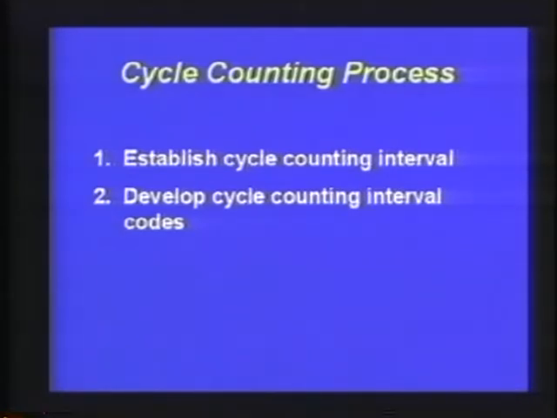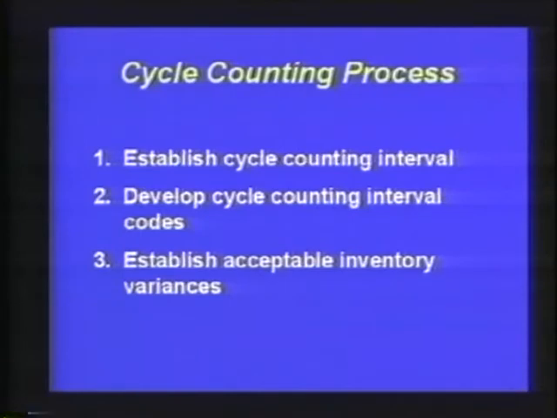We also have to establish the acceptable inventory variances. And if you remember from Section 4, on the A items, you must be within 99.5% accuracy. That is the count to the bin on hand record. For the B items, you must be within 99.0% accuracy.